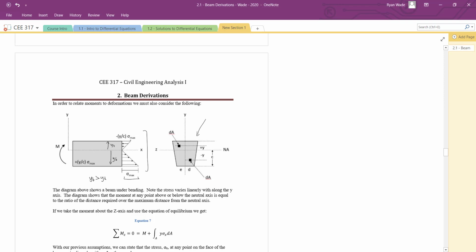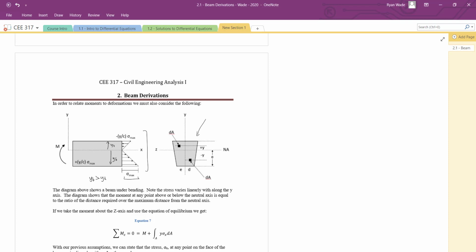And we can say what the stress is at the top by relating our y distance at the top over the ratio of our distance to the bottom fiber. All that is basically just using the properties of similar triangles.